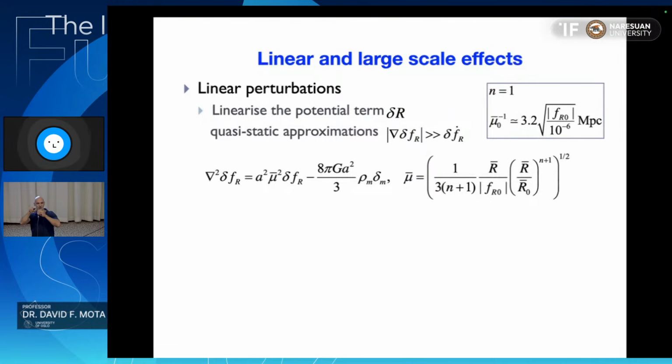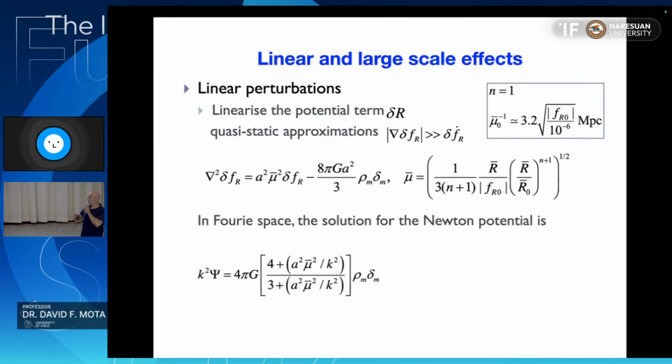One massive object, and the force was the gradient of that. Now I don't have one object. What I have is a distribution of matter in my universe, but I still need to calculate the gradient of the scalar field in my universe. So that's the equation that I need to solve. Okay, so it's sourced by the matter distribution and also a little bit by my own scalar fields.